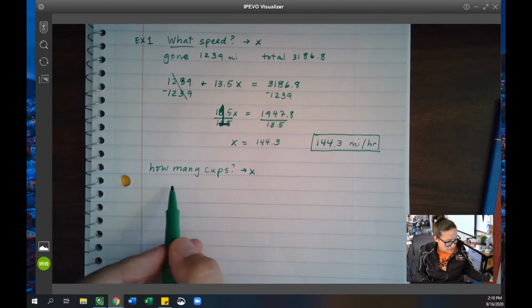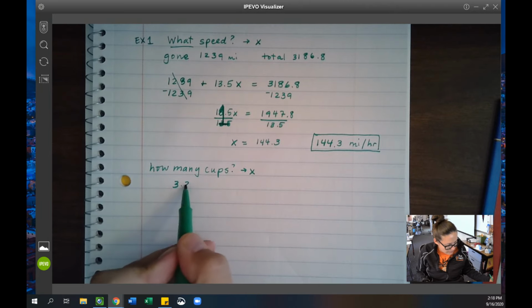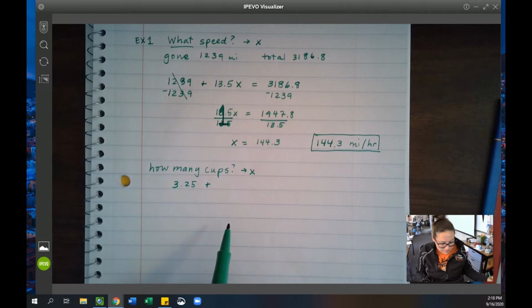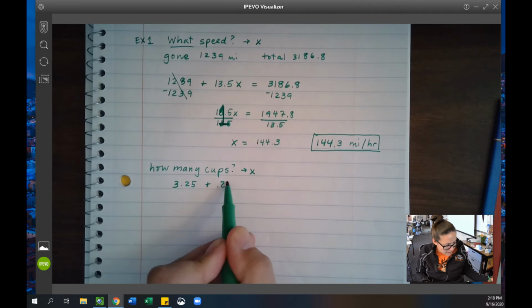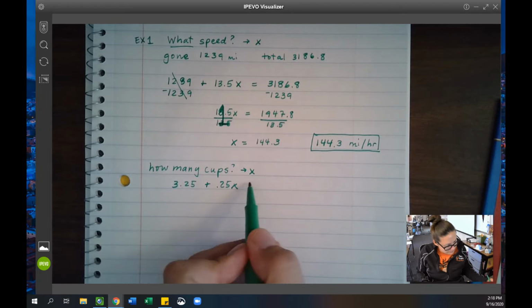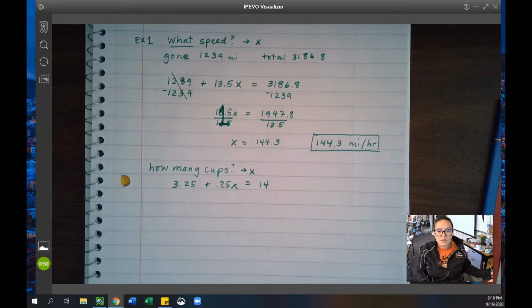Okay, so I'm going to start with 3.25 inches plus I have 0.25 inches times however many cups I'm going to stack. And I get a total of 14 inches.